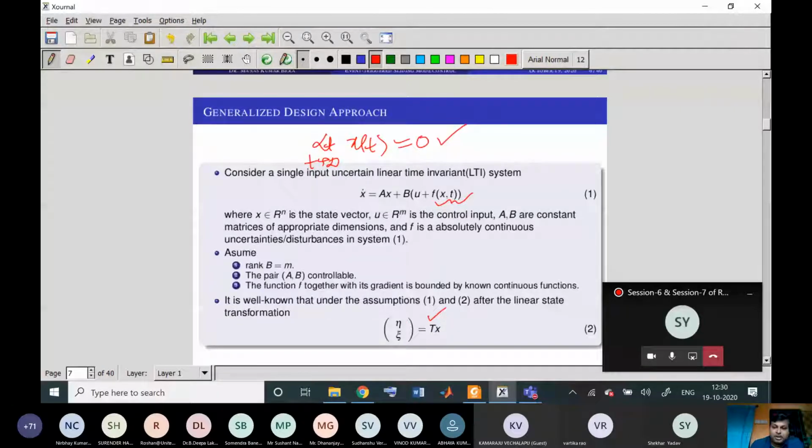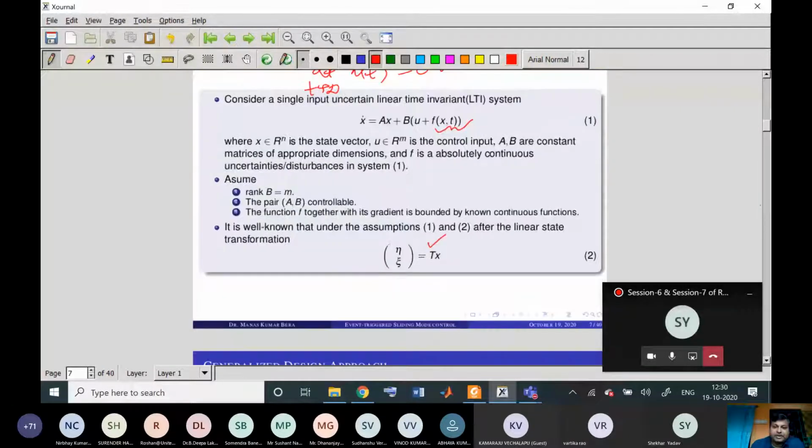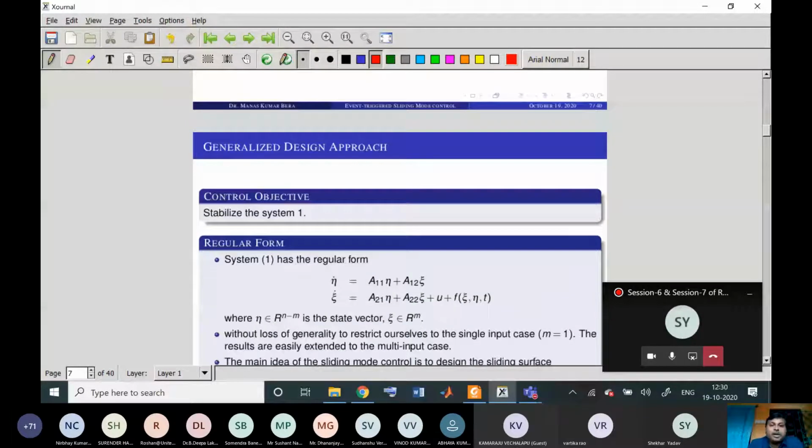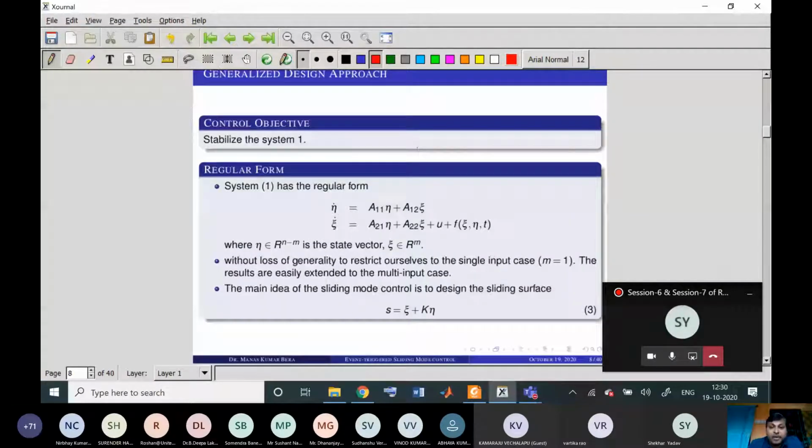So if we can find a suitable matrix T such that we can represent the original system in the eta and zeta coordinates, where the zeta dynamics only has the disturbance and the control input, and the eta dynamics is free from the input and disturbances, this form is known as the regular form. If the AB pair is controllable, then we can always find a suitable T matrix by which we can transform the given system into the regular form.